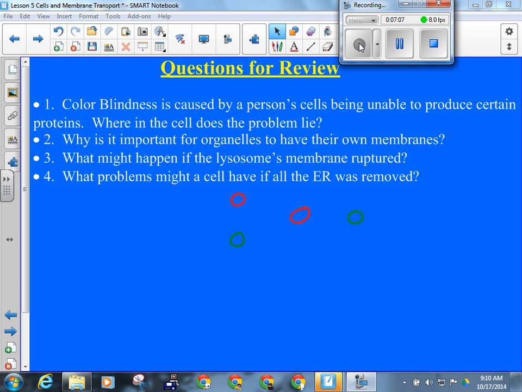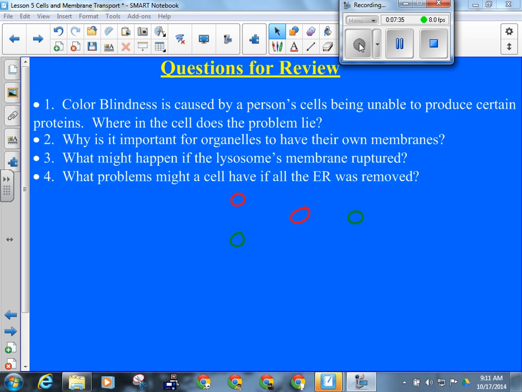All right. What problems might a cell have if the ER was removed? Not that you could do this, but what would happen? Okay, and they might not be able to do that at all, right? Because the smooth ER is responsible not just for transporting the lipids, but also for producing them. Essentially then, without the lipids, all the membranes in the cell would eventually break down, right?